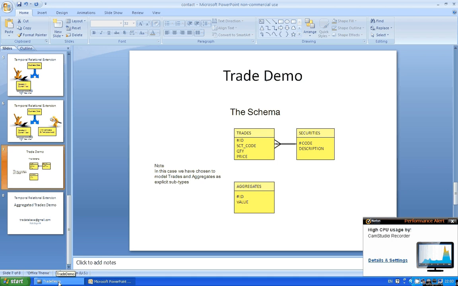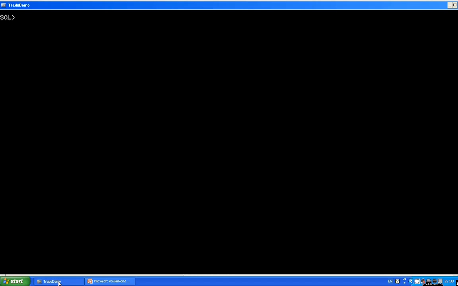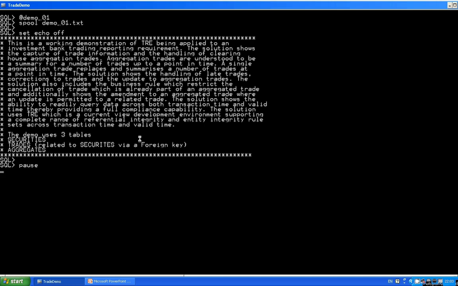Now moving on to the demonstration, you can see that I've already connected to an XE database. I'm now going to run a script and describe the script to you as we go along. This script is going to perform current view operations on the schema that you've just seen, the securities trades aggregate schema.